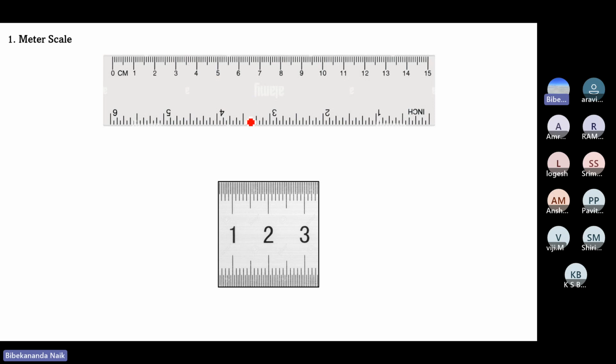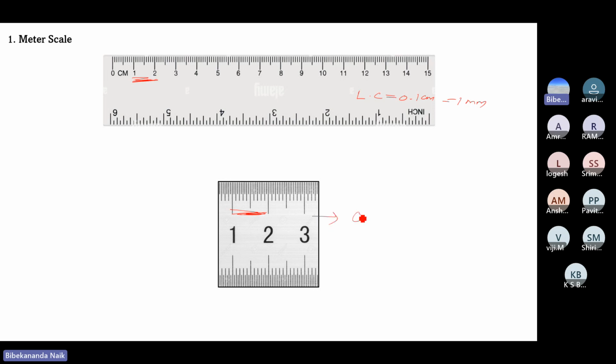In the first meter scale, between 1 and 2, there are 10 divisions. So the least count of this scale is 0.1 centimeter, that is 1 millimeter. But in the lower scale, between 1 and 2, there are 20 divisions.